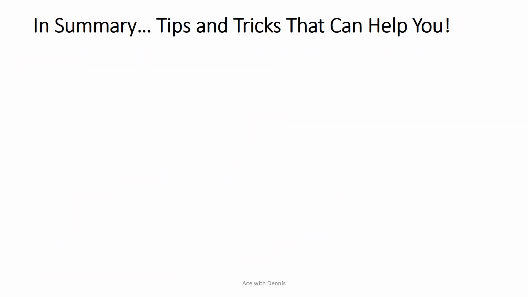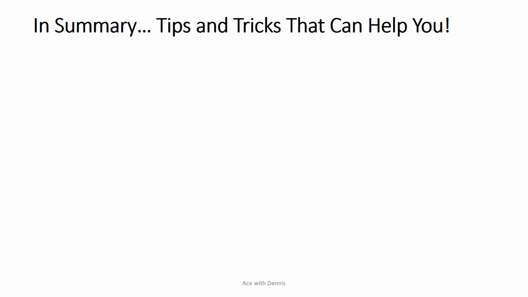We are almost at the end of this lesson. And here is a summary where I want to share with you some tips and tricks that can help you. Proof of plane geometry is sometimes quite a tricky chapter because the diagram can be confusing and you may not know where to start.